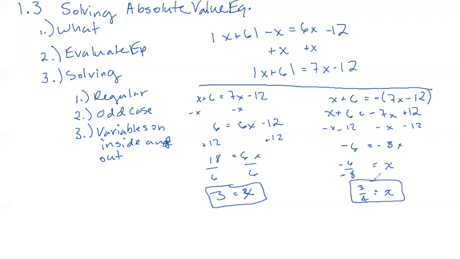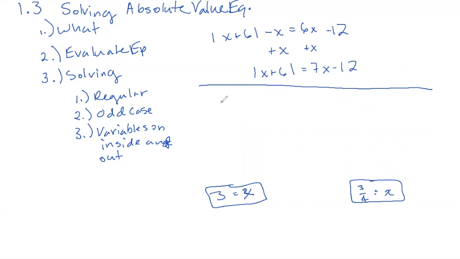Now, only one of these is correct. So what do we have to do? You're right. We've got to check it. All right, so now we're going to check it. I've got the absolute value of 3 plus 6, minus 3, equals 6 times 3 minus 12.